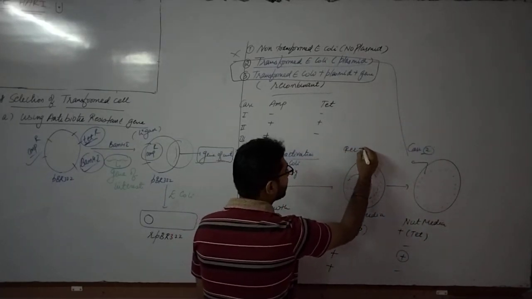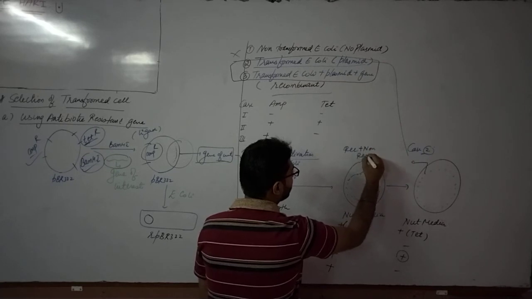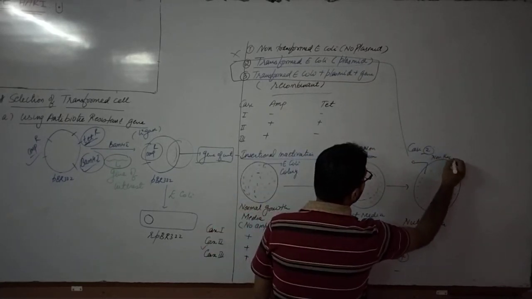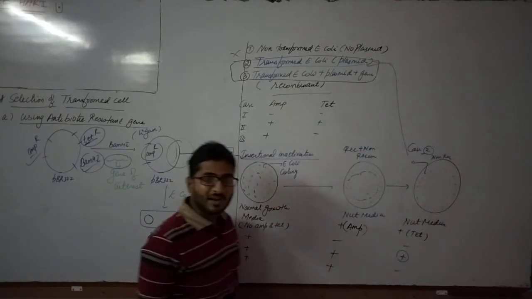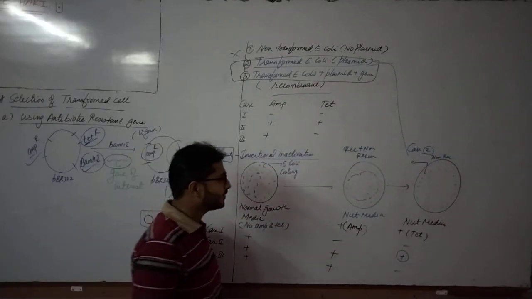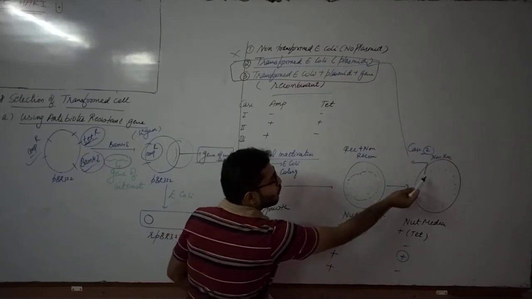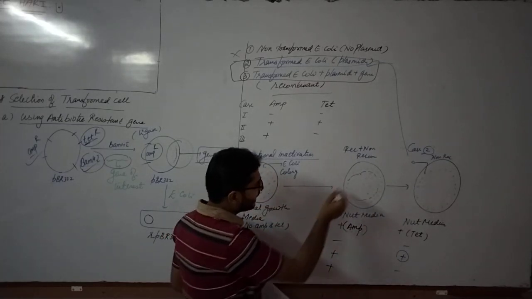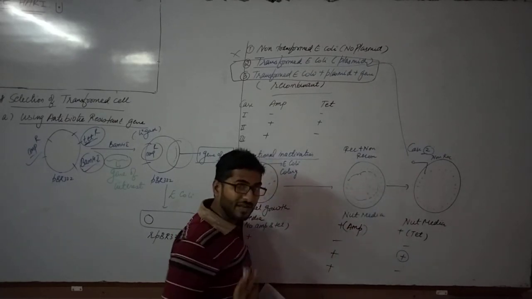This is a clear-cut indication, because in nutrient media plus ampicillin, the recombinant plasmid can grow since ampicillin resistance is still intact. And in tetracycline, only case number 2 grows, the non-recombinant one. Here, recombinant plus non-recombinant cells will grow. Here only non-recombinant, case number 2, only plasmid without any recombinant DNA. So colonies which are on the circular periphery are non-recombinant. Here also, non-recombinant colonies are peripheral.